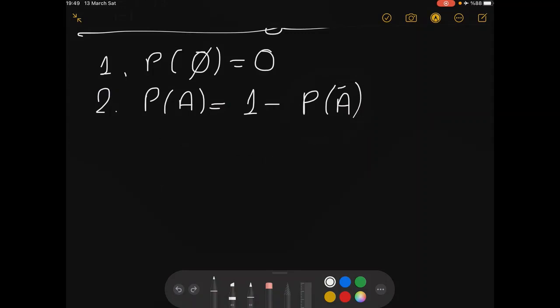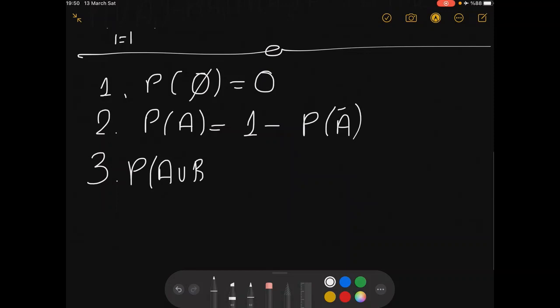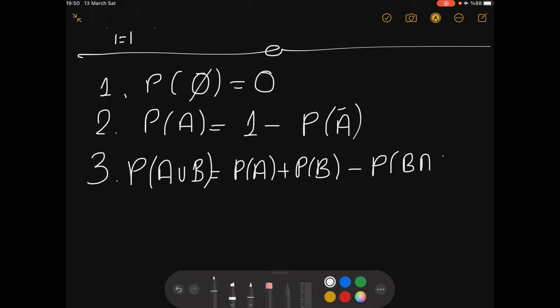So okay, great. And what else? Now, if they're not mutually exclusive, the probability of A union B is the probability of A plus the probability of B minus the probability of A intersection B, right? Pause the video and think about it.